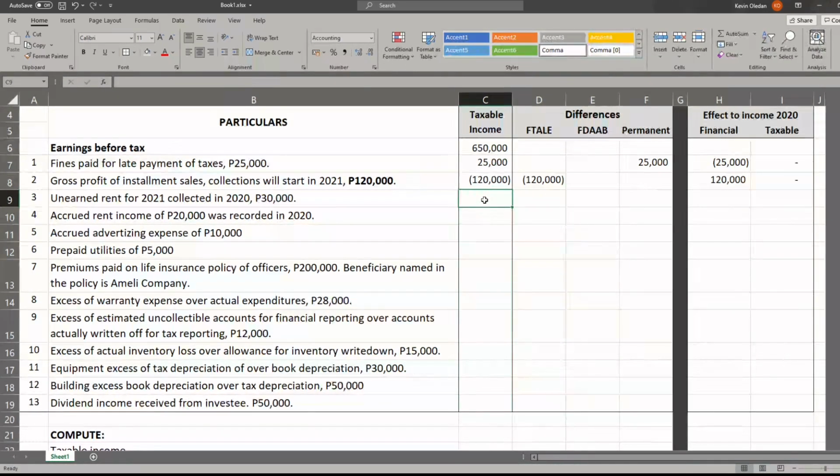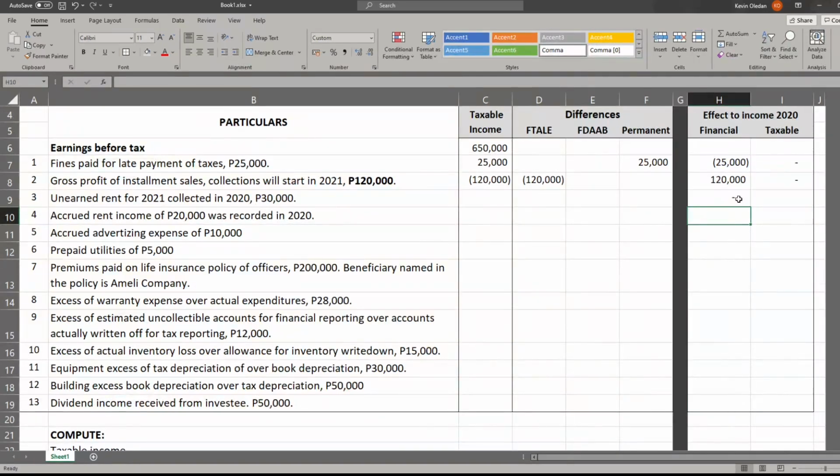In financial accounting, that's not yet an income because we follow accrual basis of accounting. If it's rent for 2021, then it should be income of 2021, right? Despite the fact na kinolekt na natin siya. This is a deferred income. And for all deferred income, they are not part of your financial income. Hindi natin to inadd sa financial income. So, zero ang effect natin sa financial.